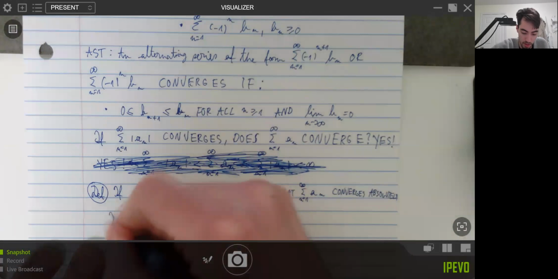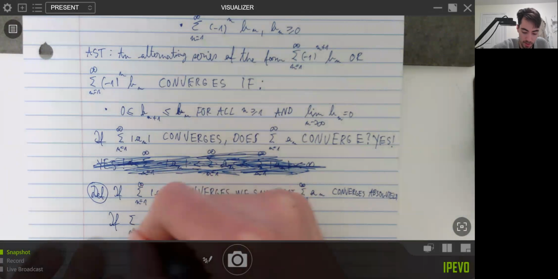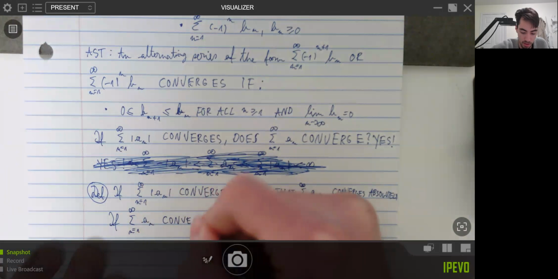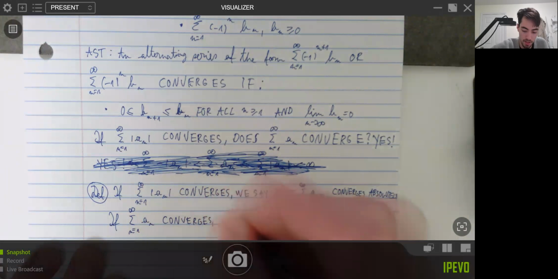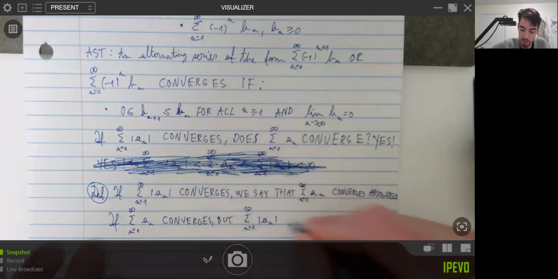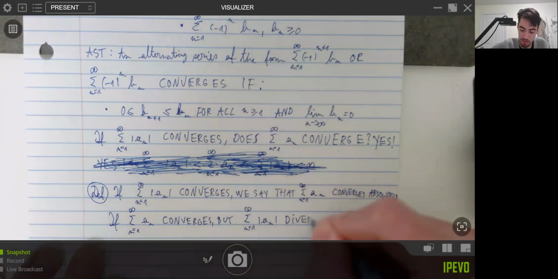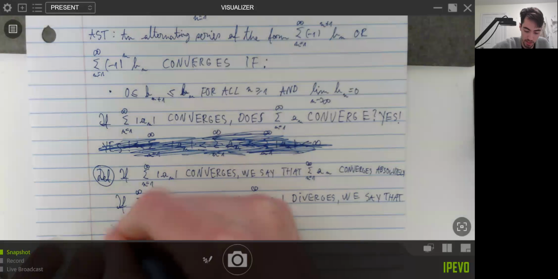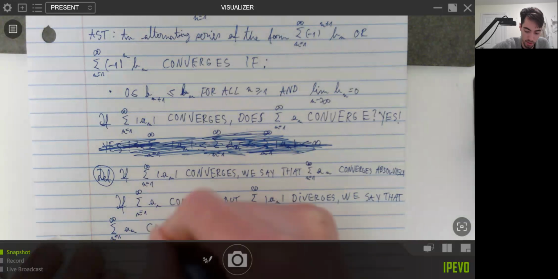If the sum from n equals 1 to infinity of an converges, but the sum from n equals 1 to infinity of the absolute values of an diverges, we say that the series sum from n equals 1 to infinity of an converges conditionally.